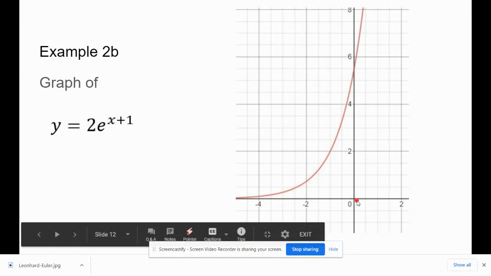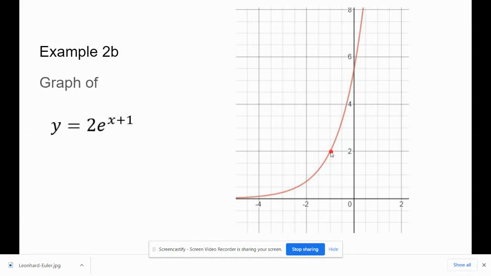Sure enough, notice that instead of going through (0, 1), it's shifted to the left 1 unit, but because of the 2 in front, it goes through (-1, 2).